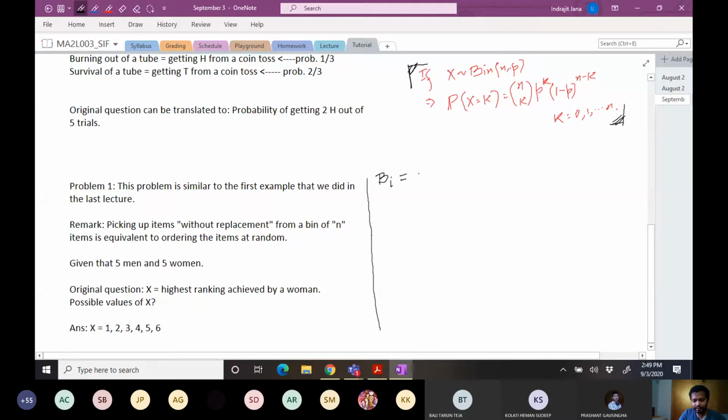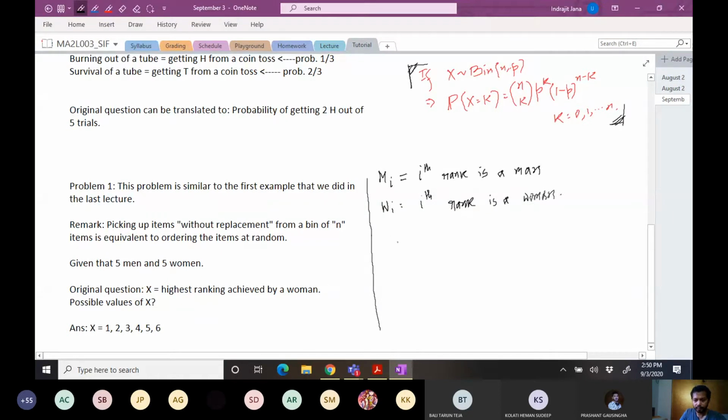So Bi is the event that the ith rank is a boy, or is a man. Let Mi be that event, and Wi is the event that the ith rank is a woman.